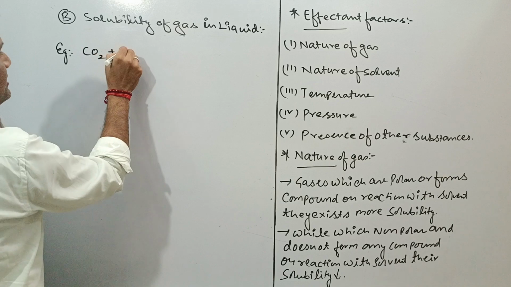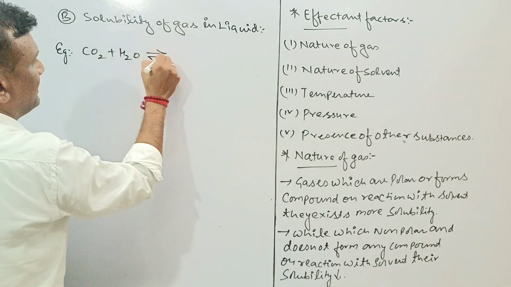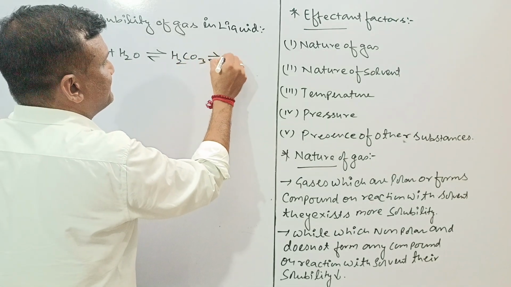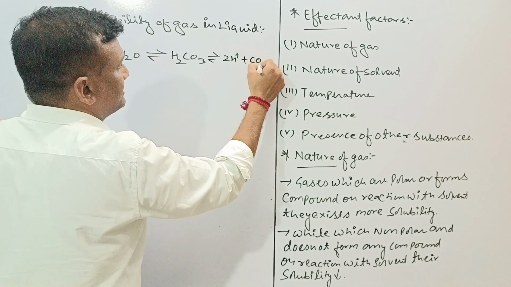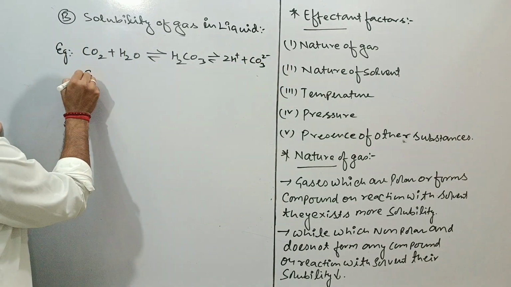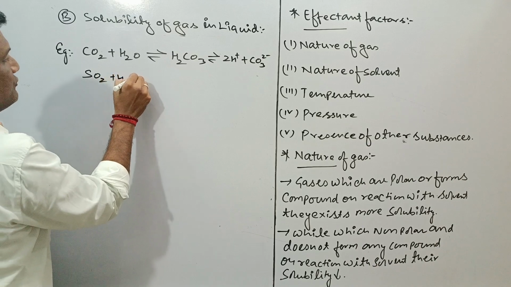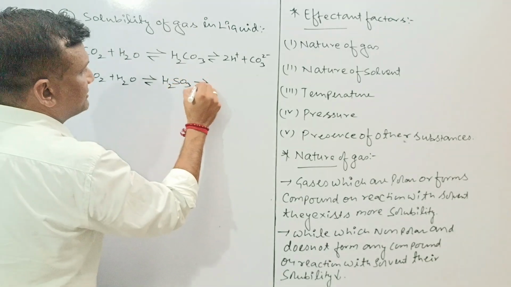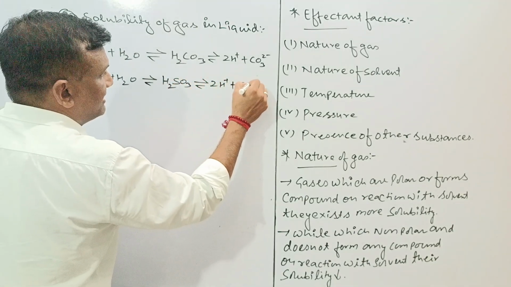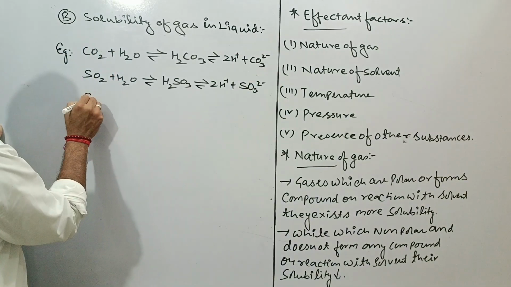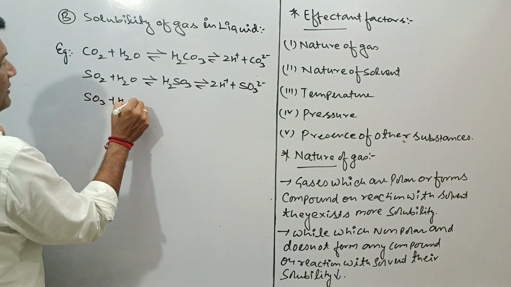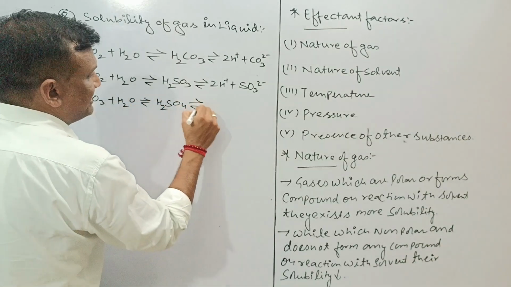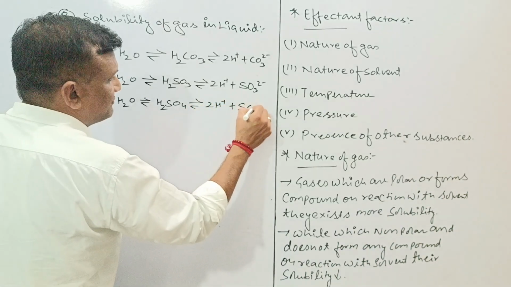On dissolving CO2 in water, there will be formation of carbonic acid H2CO3 and it further dissociates into 2H+ and CO3 2-. If we go with SO2, on reaction with H2O it gives sulfurous acid H2SO3, which dissociates into 2H+ and SO3 2-. Regarding SO3, on reaction with water it gives H2SO4, which further dissociates into 2H+ and SO4 2-.